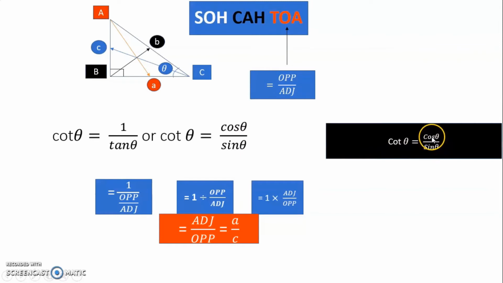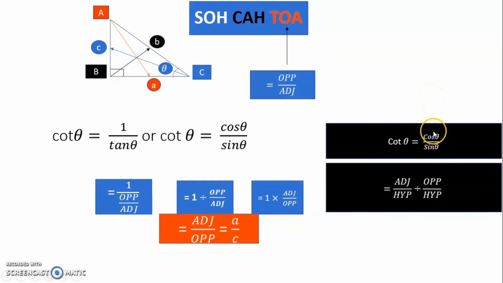Now, what is cos theta? Cos theta is adjacent over hypotenuse, while sine theta is opposite over hypotenuse. So if we are having cos theta over sine theta, we replace it. Cos theta is adjacent over hypotenuse divided by sine theta is opposite over hypotenuse.